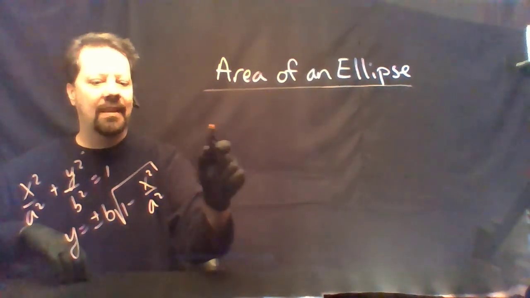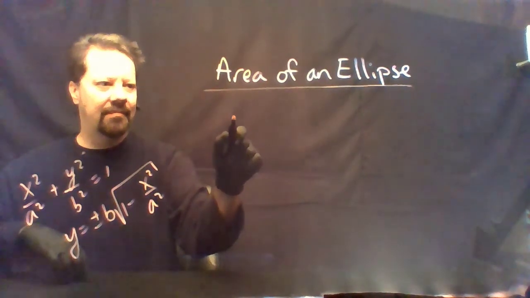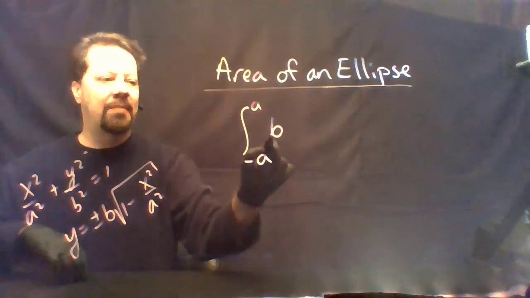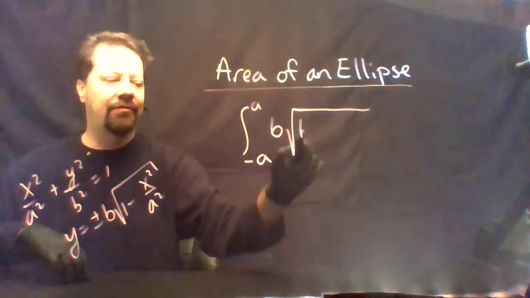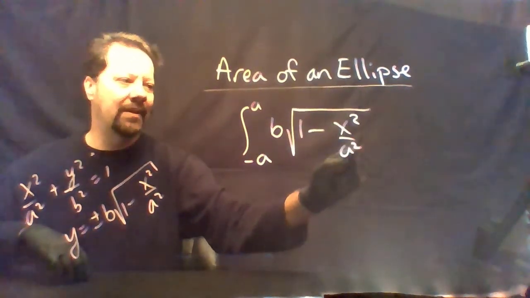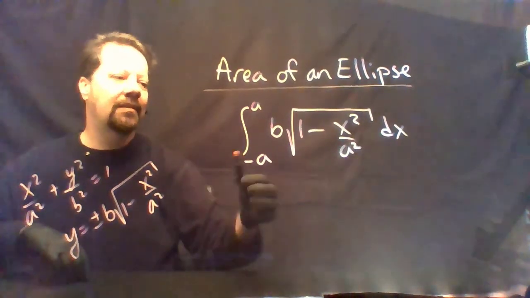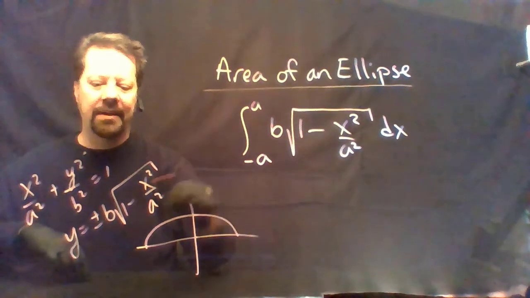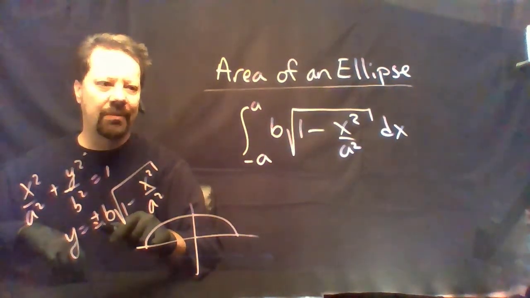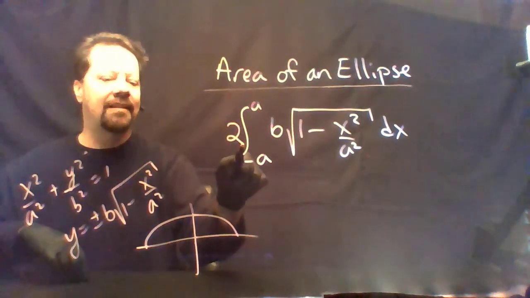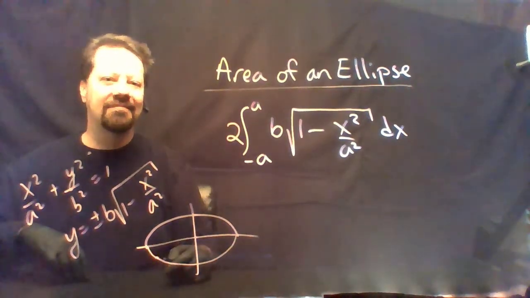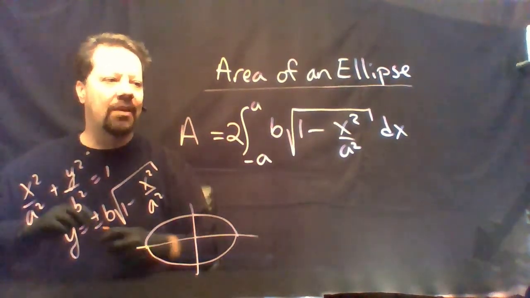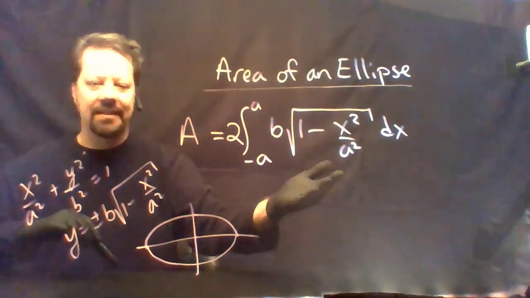If we integrate from minus a to a positive b times the square root of 1 minus x squared over a squared, we'll have only the upper half of the ellipse, because we'll have chosen the positive square root. If we double that, we'll get the bottom half as well. So to find the area of the ellipse, all we have to do is evaluate this integral.